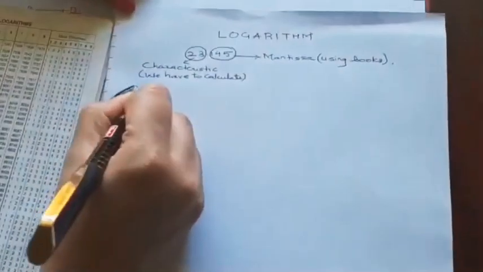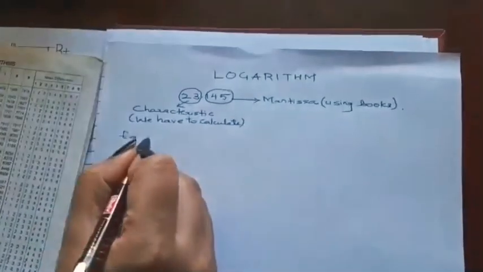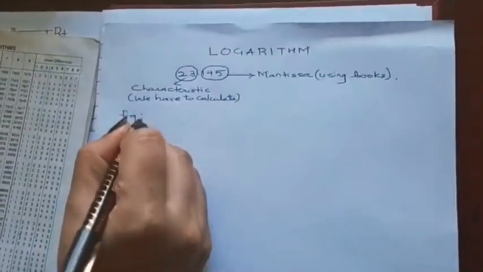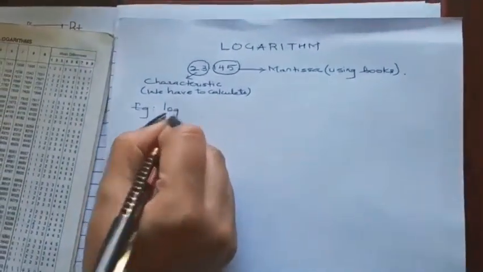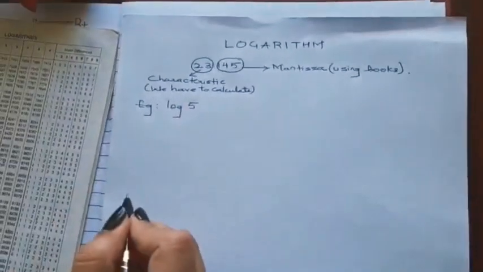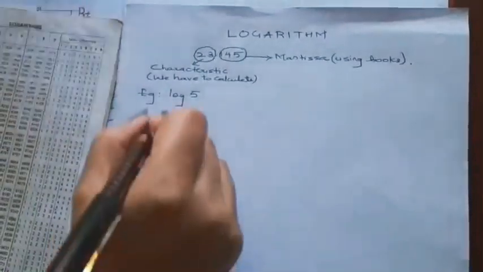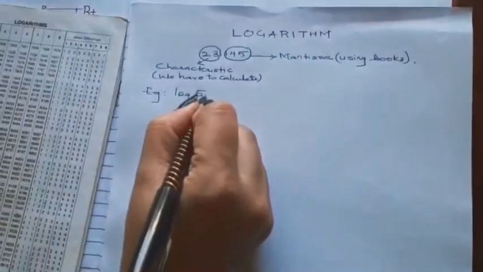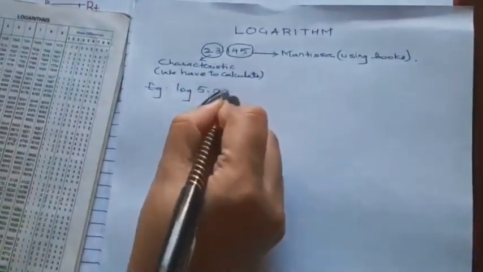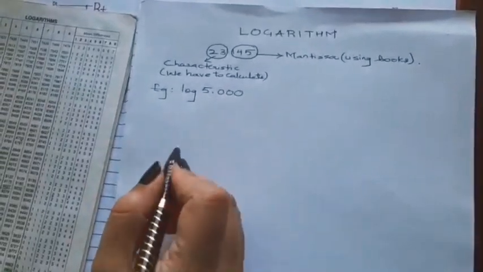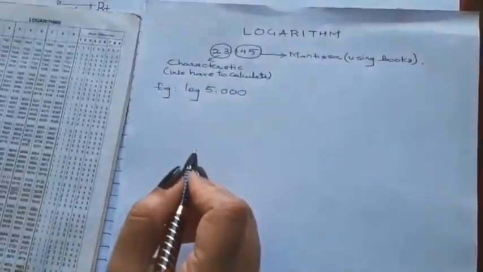Now let us take one example. We will see how to find the log of 5. You always write this as log 5. To find anything from the logbook, we need 4 digits. So when we write log 5, it is actually 5.000. The first thing we need to write is the characteristic.